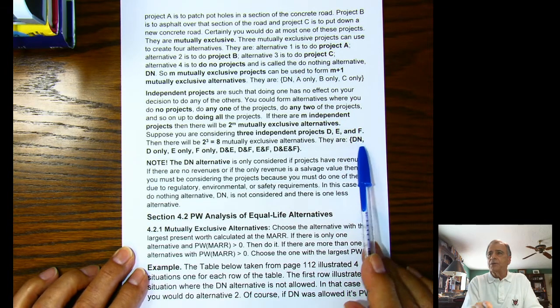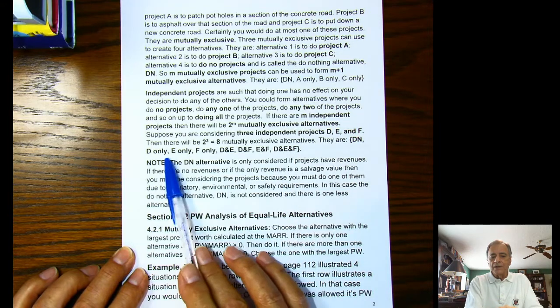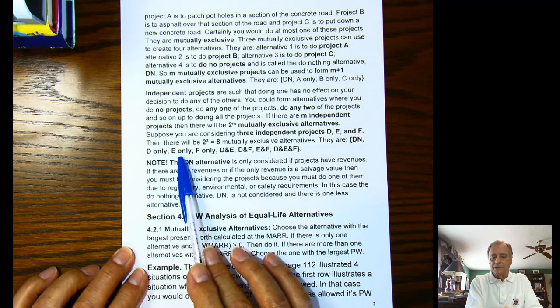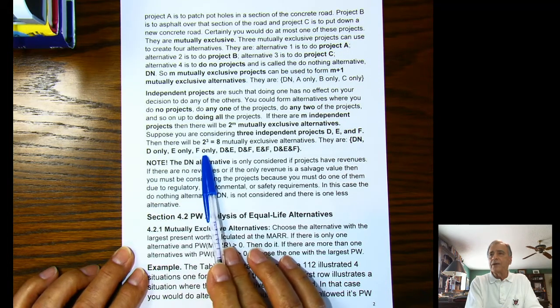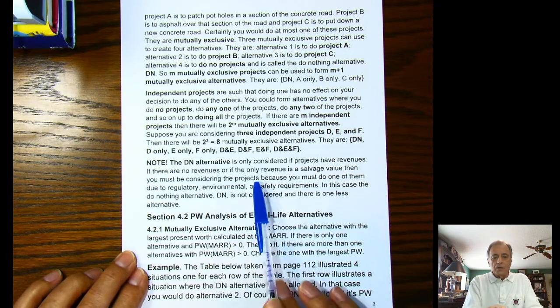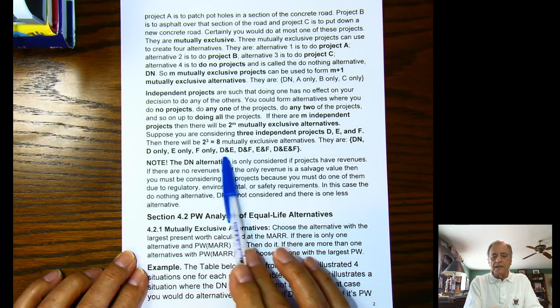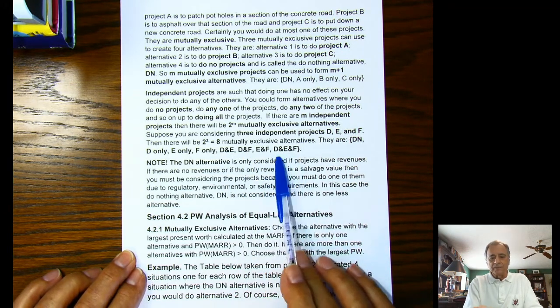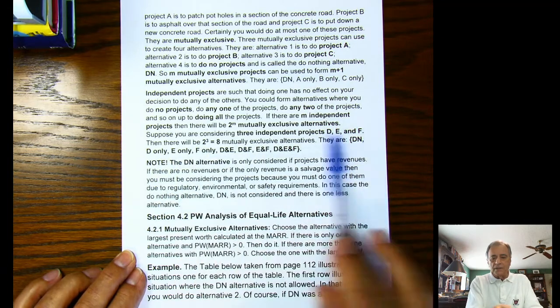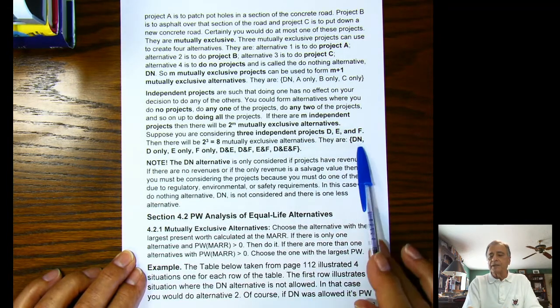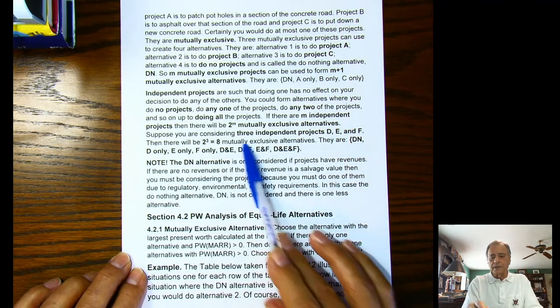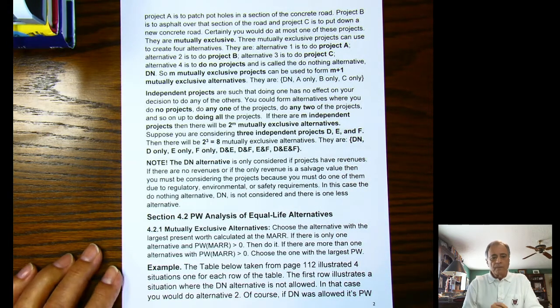Then you would have 3 alternatives that only have one of the projects: do D only, do E only, do F only. Or you could do 2 of the projects: D and E, D and F, E and F. Or you could do all 3 of them, and when you run all the possibilities, you end up with 8 mutually exclusive alternatives.